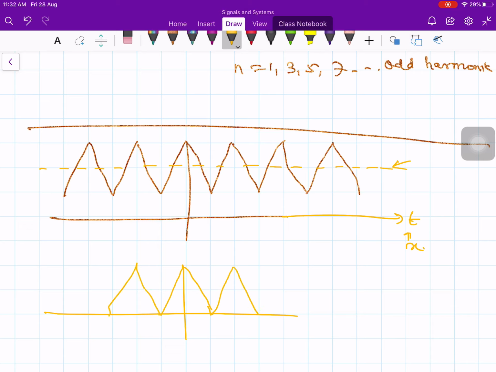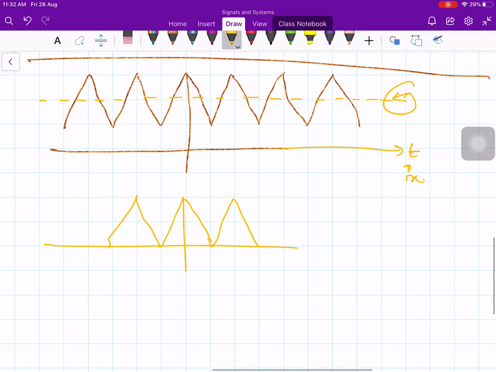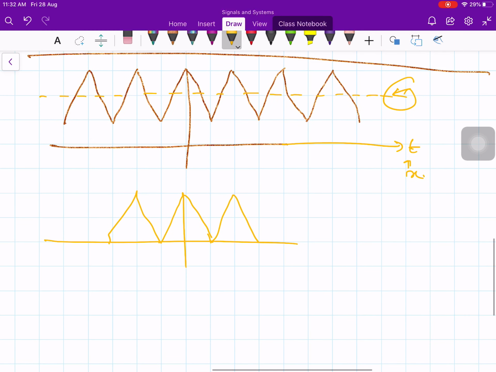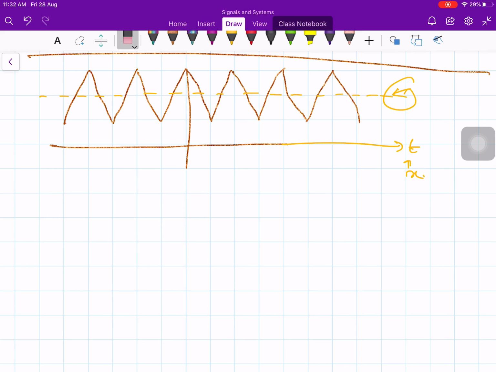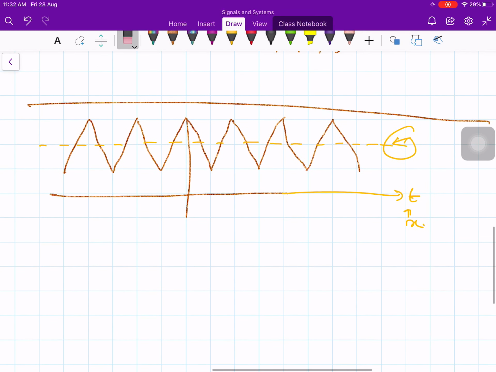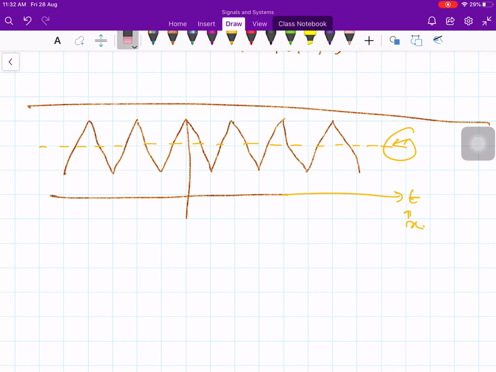If you subtract this value from x, then you get this. So let us not talk about this, it is a shifted waveform, fine. Now what do we conclude from this figure? What components will be present in this? What about A naught, what about An, then Bn, that we need to look at.